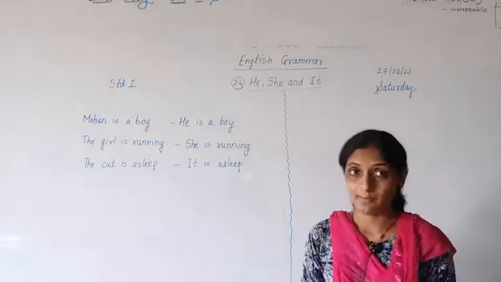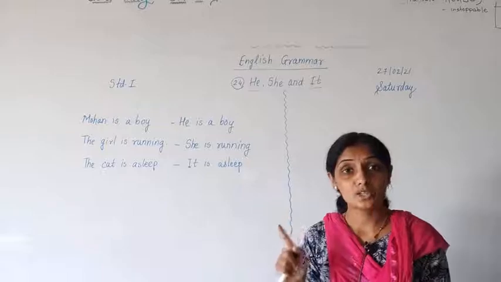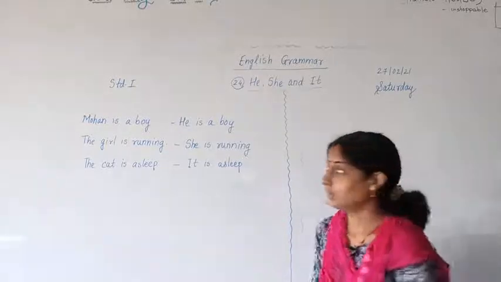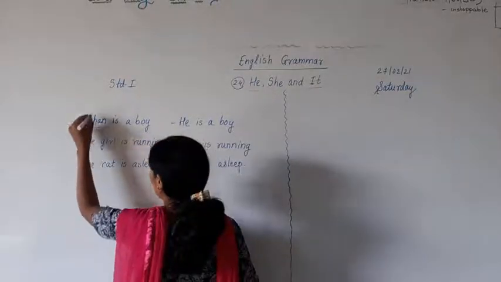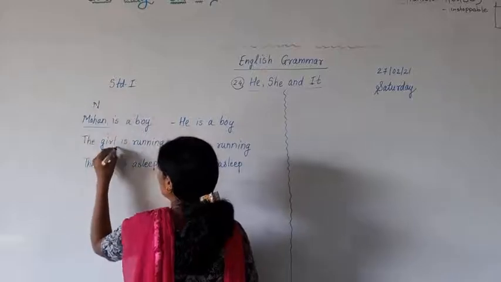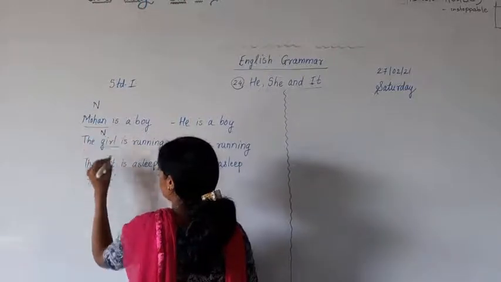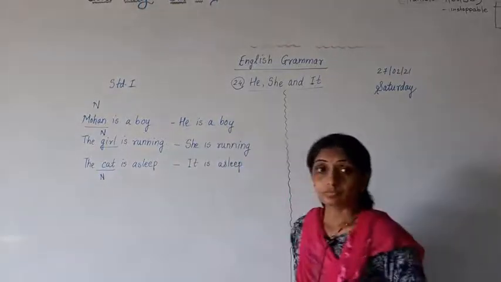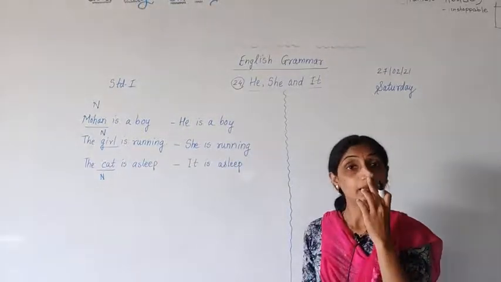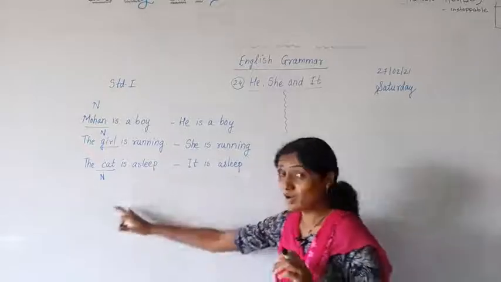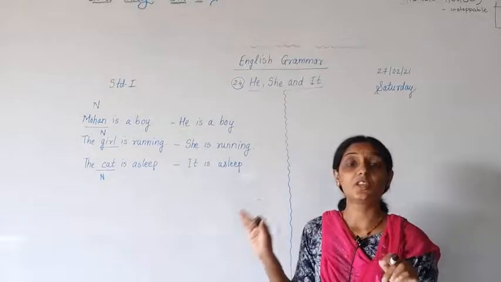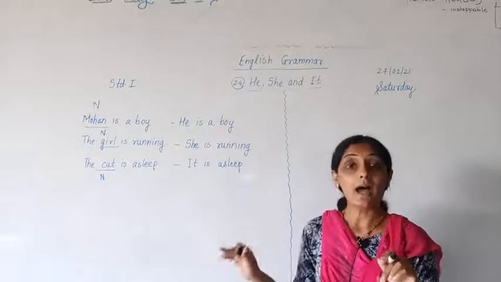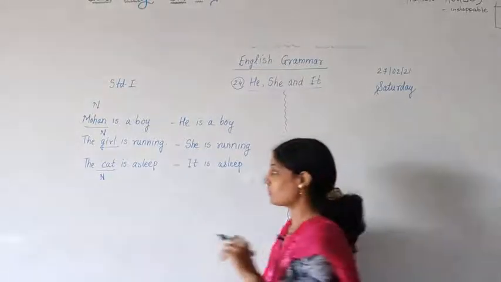And now keep in mind the words which are used instead of noun. Mohan is what? Noun. Noun means what? Name of a person. Girl is what? Noun. Cat is what? Noun. Name of an animal. The words which are used instead of nouns are known as pronouns. Okay.